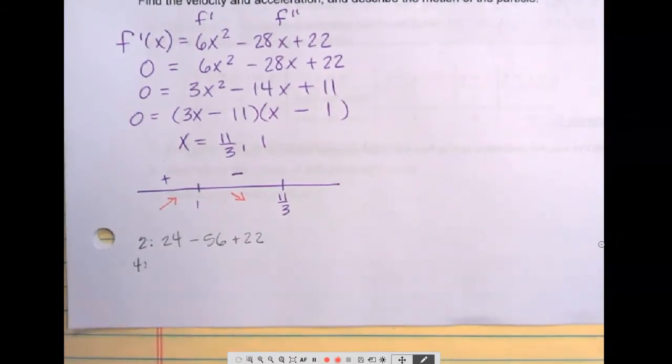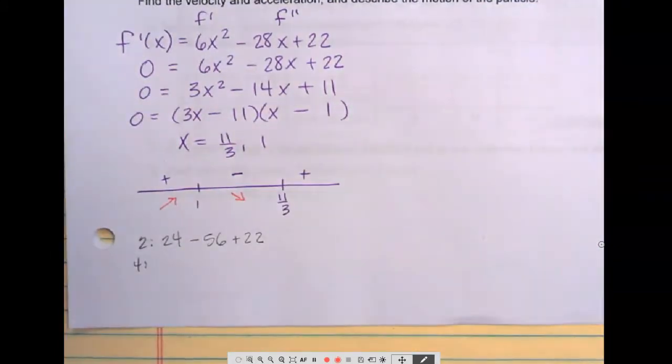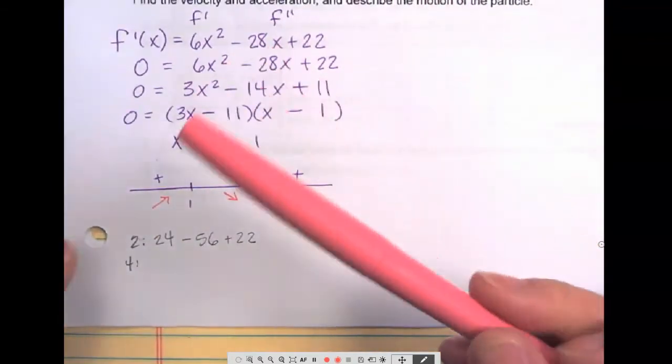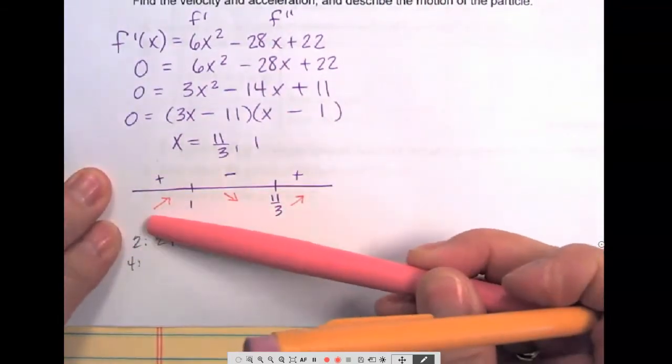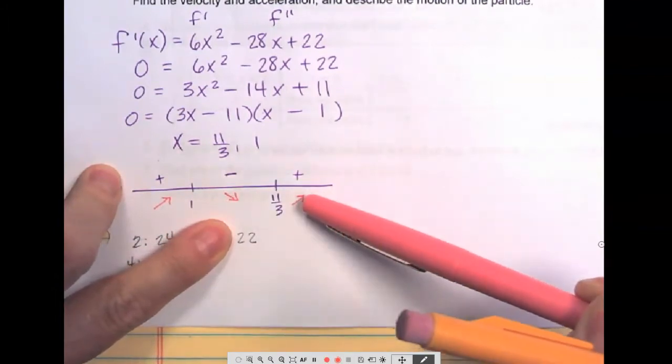Yes, it is positive, which tells me increasing. Okay, so in terms of the particle's motion, I am moving in a positive direction, then a negative direction, then a positive direction again.